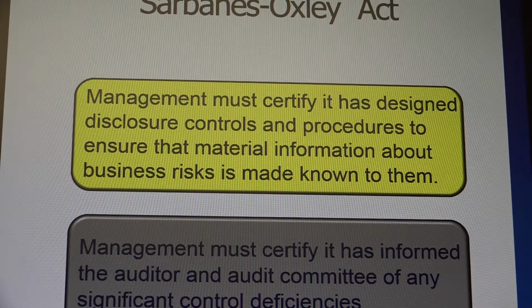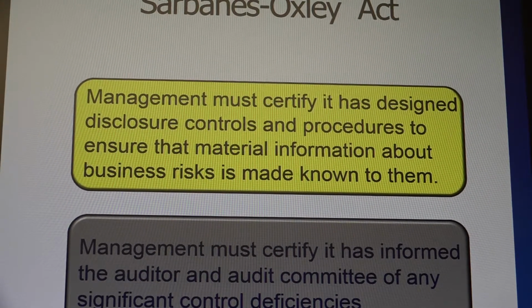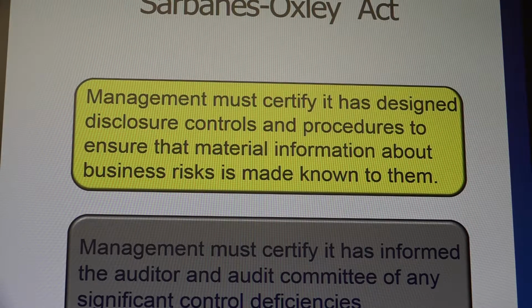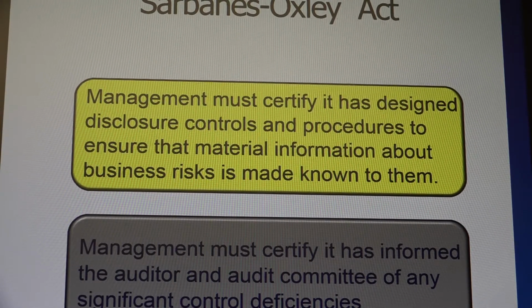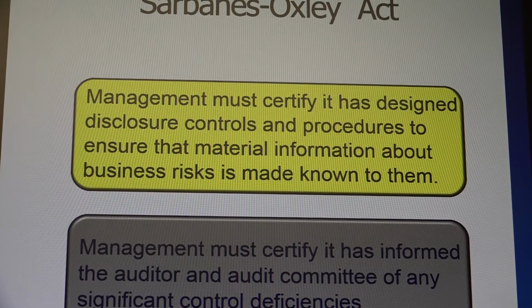Now remember, under Sarbanes-Oxley, management must certify that it's designed disclosure controls and procedures to ensure that material information about business risks is made known to them. Management must certify it has informed the auditor and the audit committee of any significant control deficiencies.